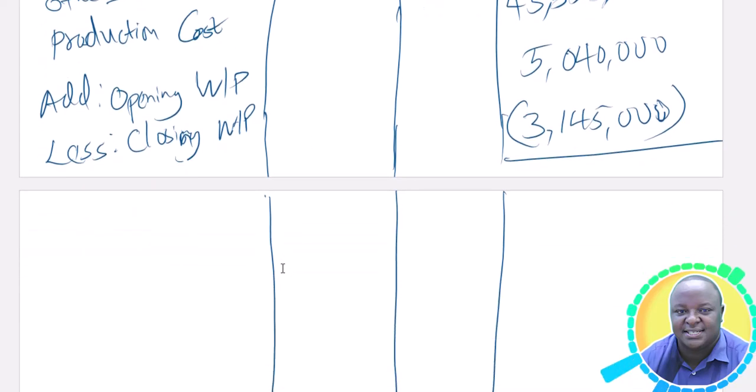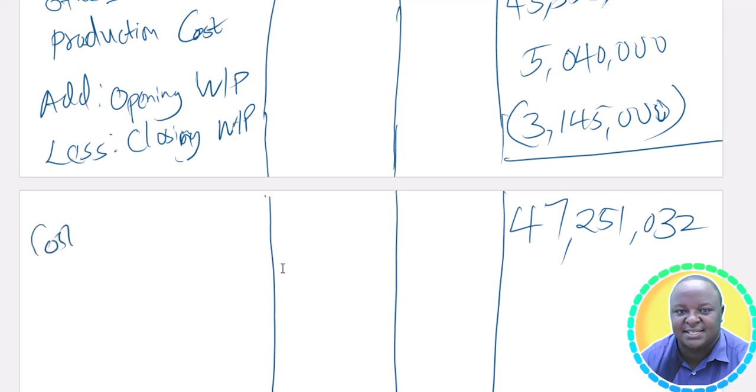The figure that you get is 47,251,032. Now this is cost of goods manufactured.